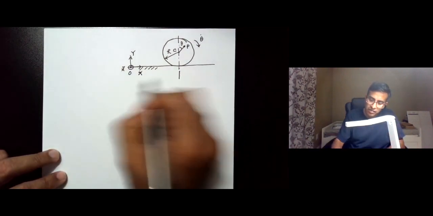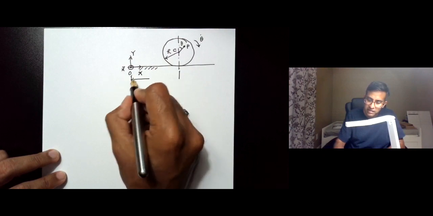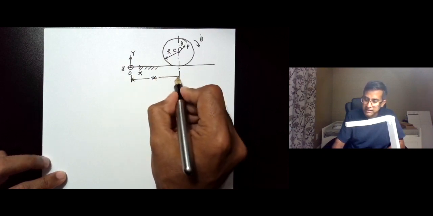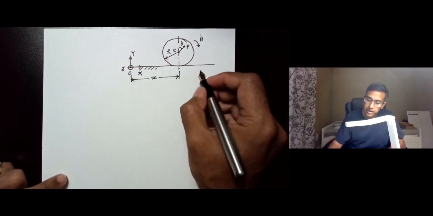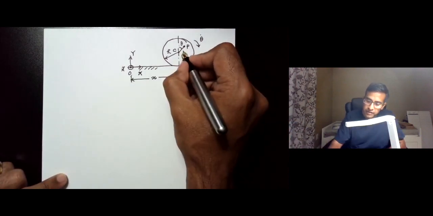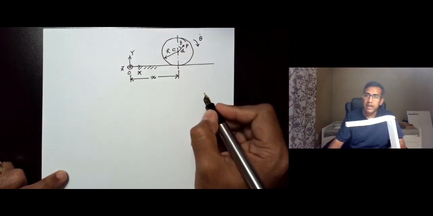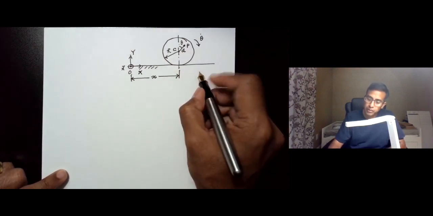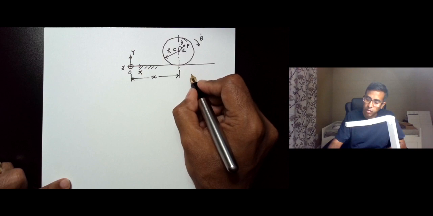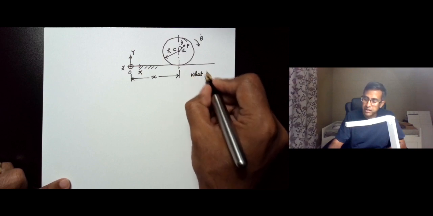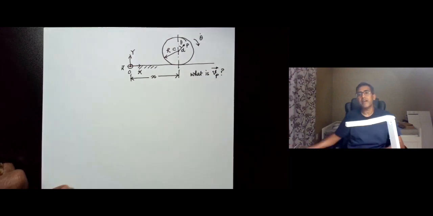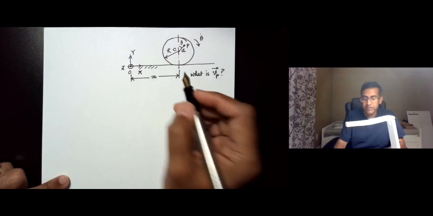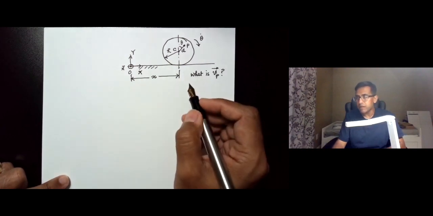The center of the disk is at a distance x at an arbitrary instant, and the point P is at a distance of d. We have asked the question, what is Vp, or determine the expression for Vp, and we have solved this problem using two methods.